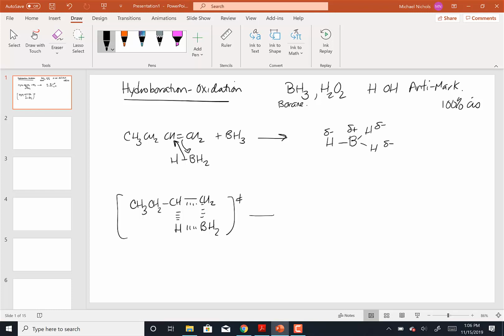I end up adding the hydrogen to carbon number 2, and I end up adding the BH2 group to carbon number 1. This is the first step in the mechanism, and this makes what's called an alkyl borane.